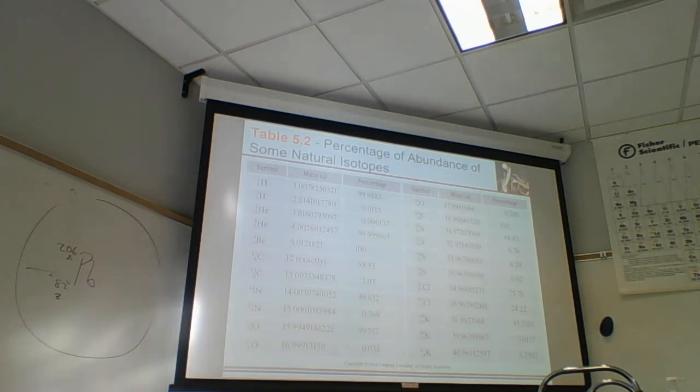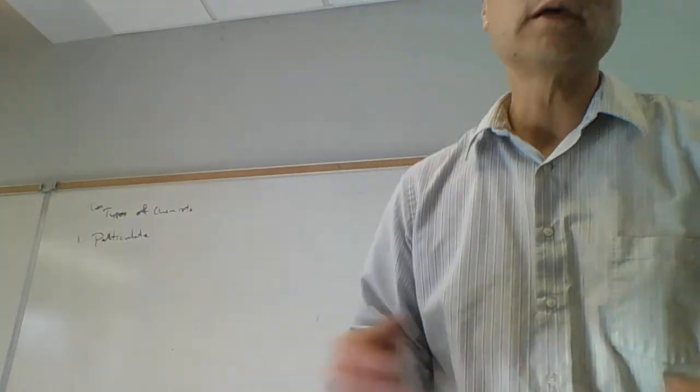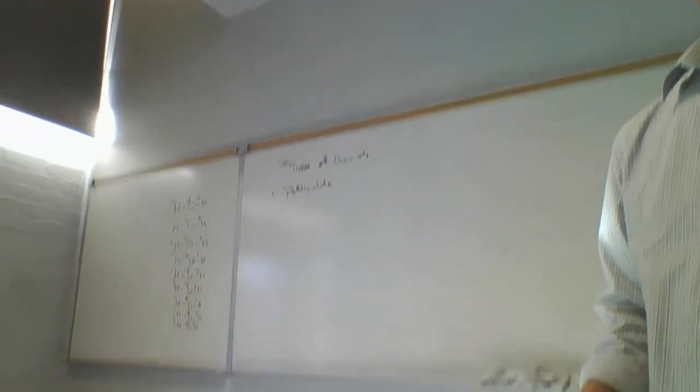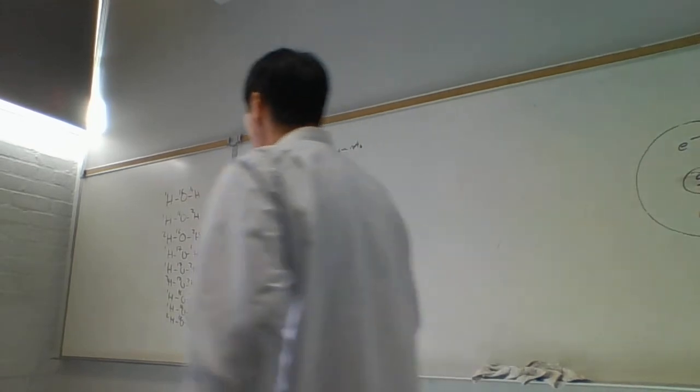A hydrogen 1 to an oxygen 18 to a hydrogen 2. Or a hydrogen 2 to an oxygen 18 to a hydrogen 2. Now, could you tell the difference between those water molecules when you took a sip of water? No, you can't. And chemically, are those water molecules going to behave differently? No, they aren't. Chemically, they're going to behave similarly.